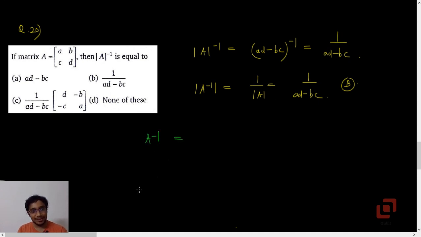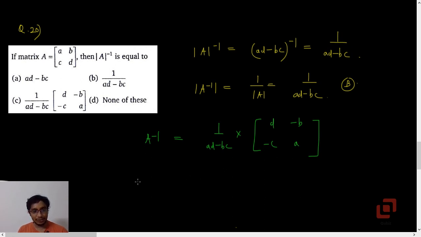This is A inverse, and we know what A inverse is: 1 upon AD minus BC into the matrix D, minus B, minus C, A. Okay, that is the inverse, but here they have not asked us the determinant of the inverse.